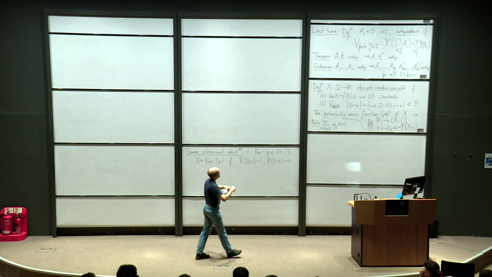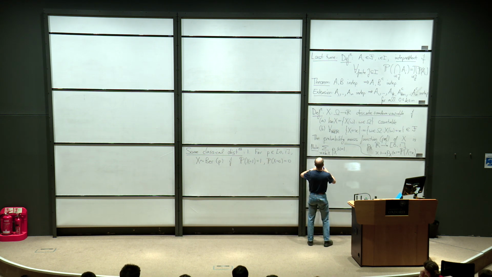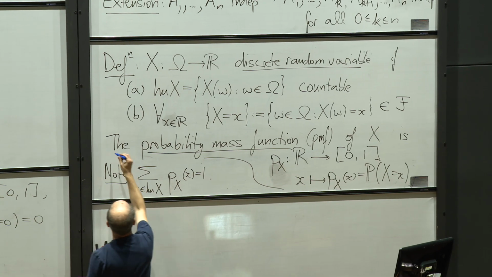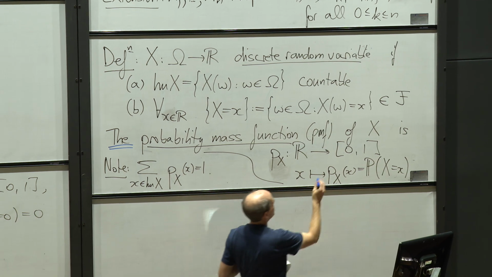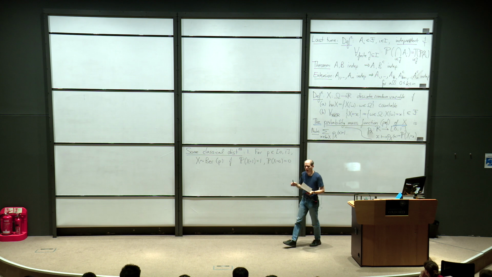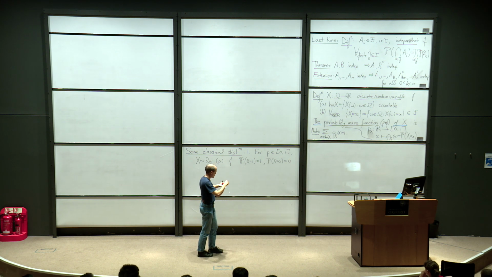So let's look at the detail here. I've defined the notion of a probability mass function, and I've said it is the probability mass function of X. So first there was the random variable, and then we said, well, if it's a discrete random variable, it must have a probability mass function.